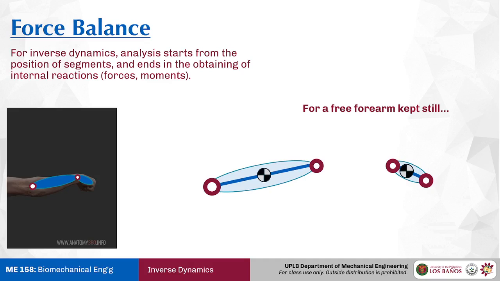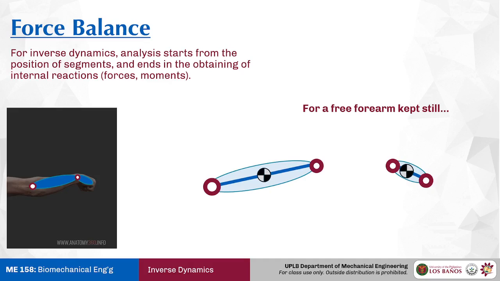For this example, the forearm is just being held horizontally. So we're going to use the center of mass, the mass inertia for this task. Actually, scratch that. The mass inertia is not used for this.